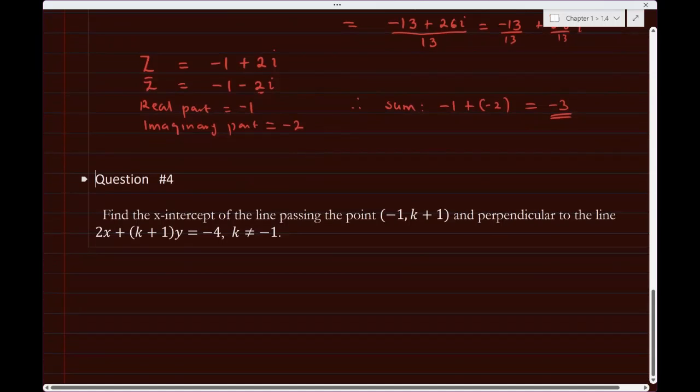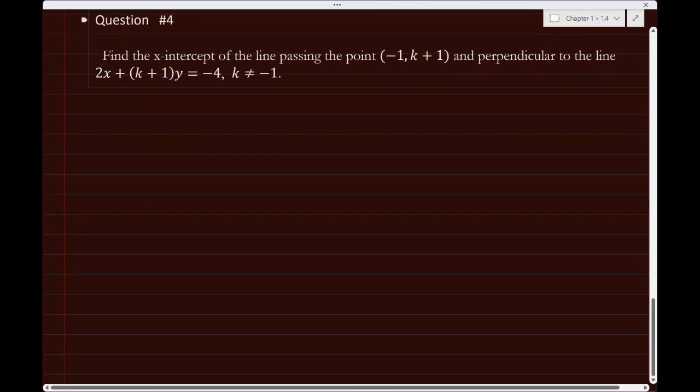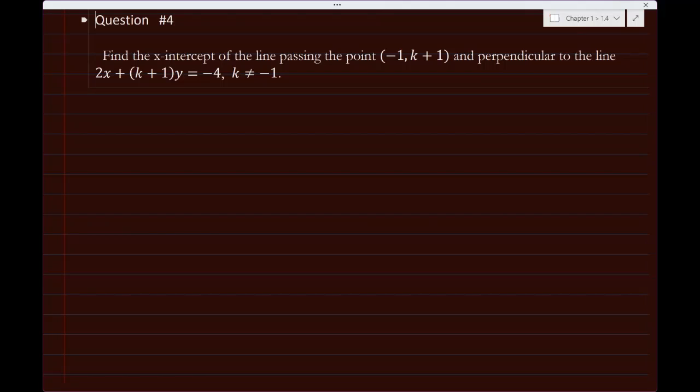It says we should find the x-intercept of the line that is passing through the point (-1, k+1), and it is perpendicular, very important, to which line? To this line.